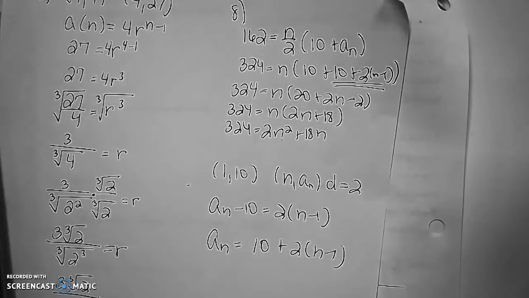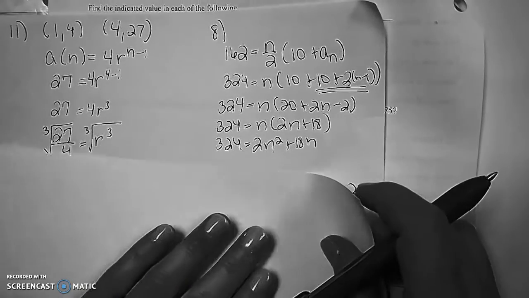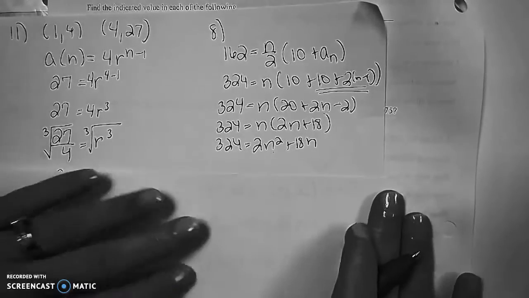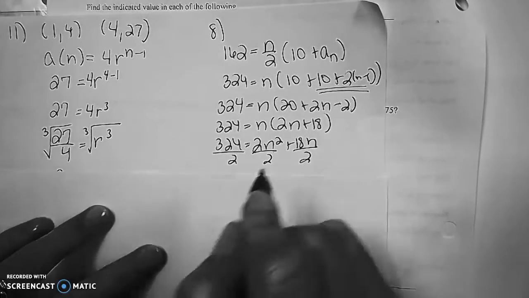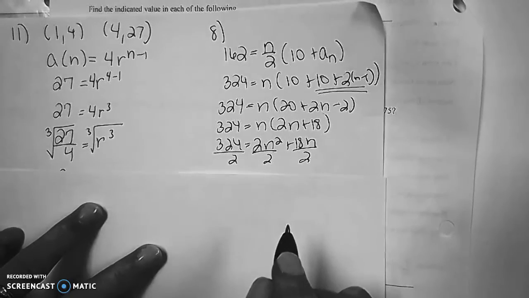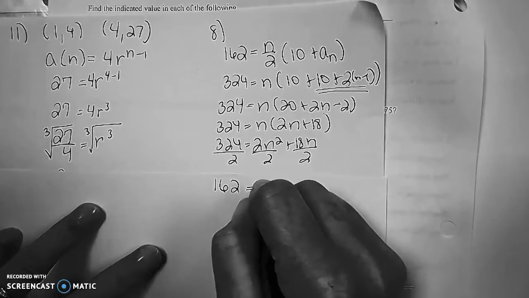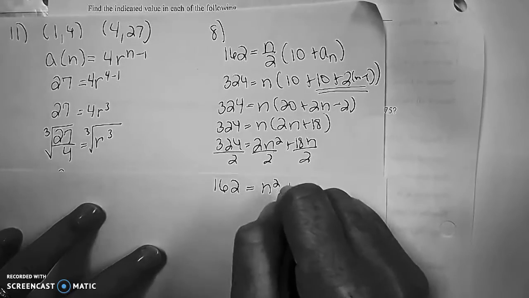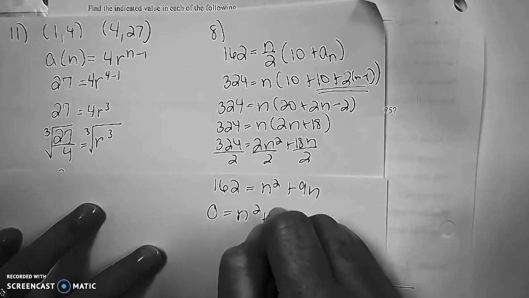And one of the things I can do to make my life a little easier here is I see it's a quadratic, so I'll end up using the quadratic formula, but I also see everything here is divisible by 2, and so that way I'll be able to work with lower numbers. 324 divided by 2 is 162. And then I'll have n squared plus 9n. So let me set that equal to 0.